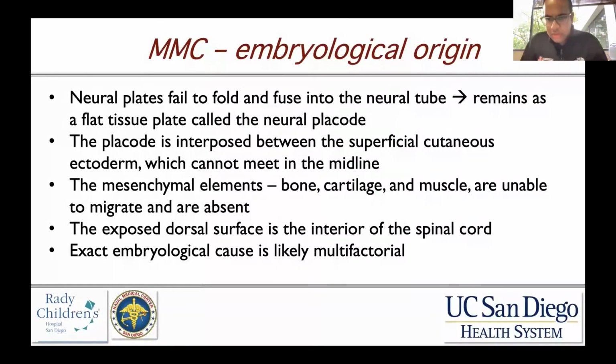The bone, the cartilage, the muscle are unable to migrate because they're not getting the correct signals, and are subsequently absent. Interestingly, the exposed dorsal surface is the interior of the spinal cord because of that flat nature of it. I'll show you this in a cartoon.